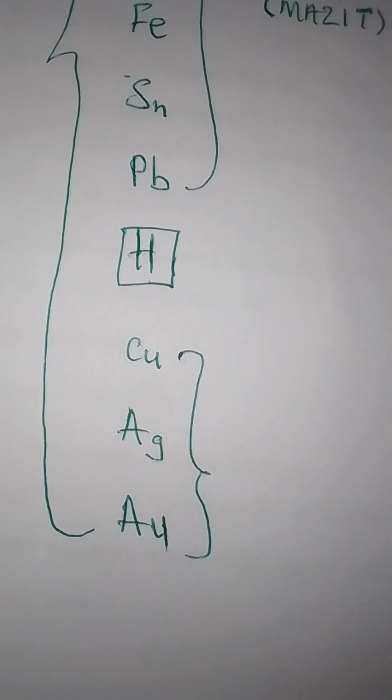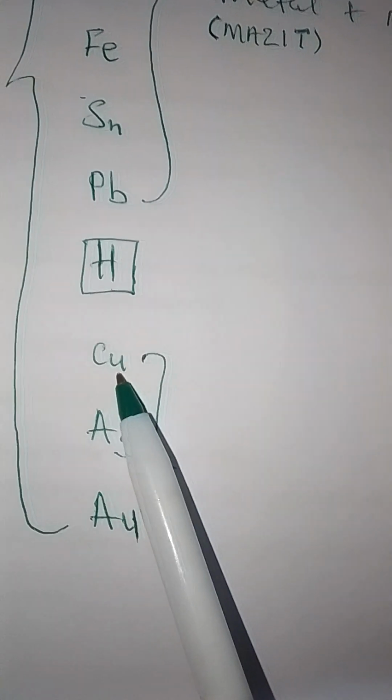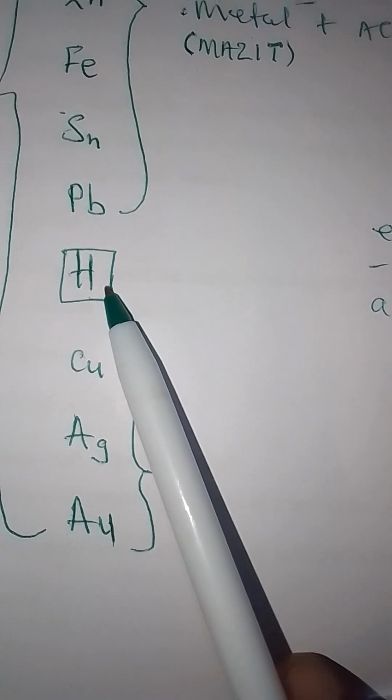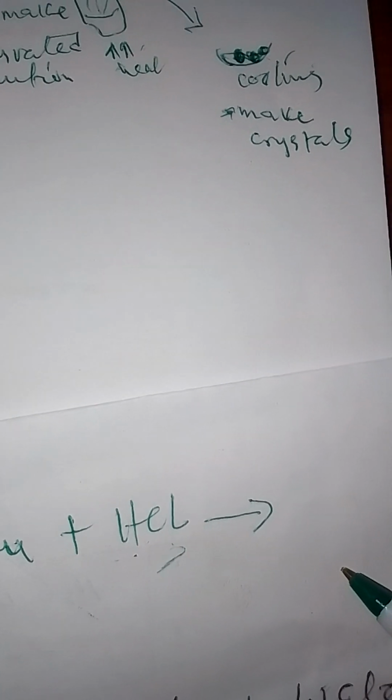Do you think this copper can displace hydrogen following the reactivity series here? Look at where hydrogen is. Look at where copper is. Have you seen it? Can this copper really displace hydrogen ion in the acid here? No. So this reaction cannot take place.